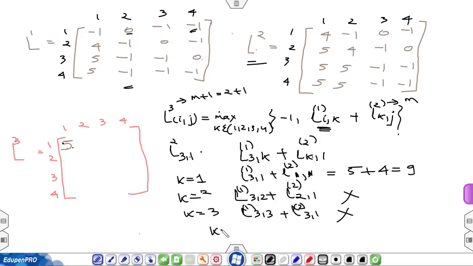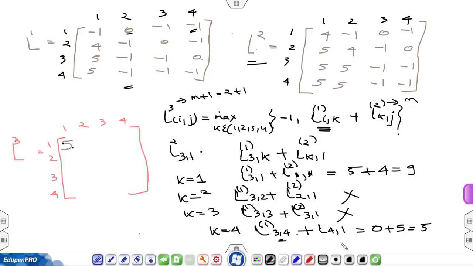And for k equal to 4, L of 3 comma 4 is 0, and L of 4 comma 1 is 5. So 0 plus 5, this is 5.